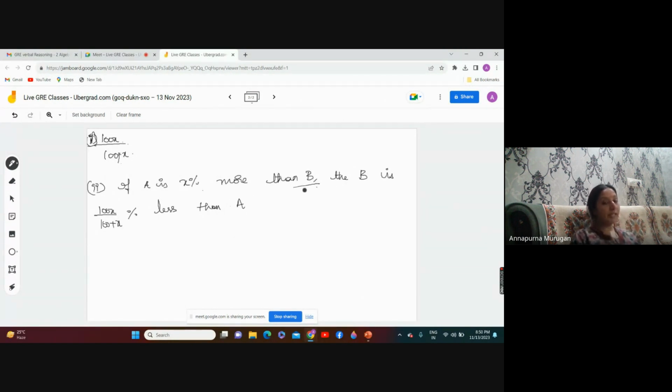So if A is x% more than B, then B is 100 times x divided by 100 plus x percent less than A.